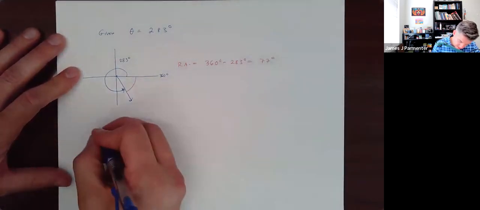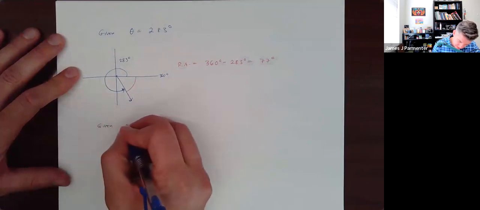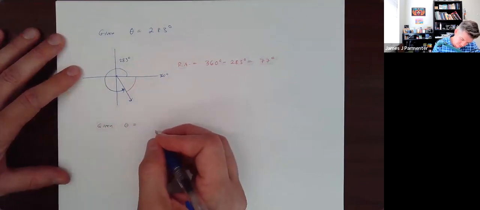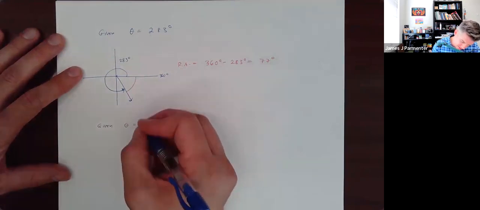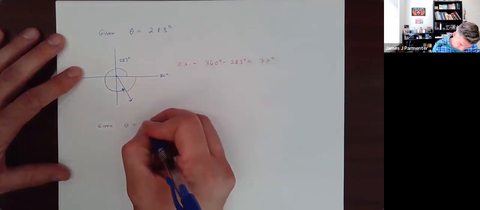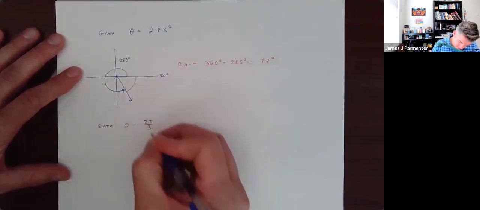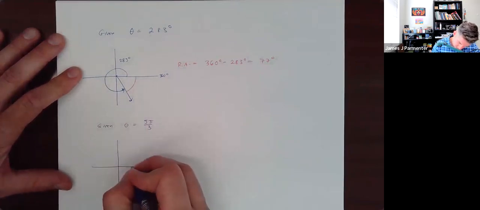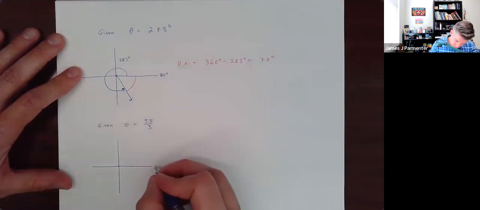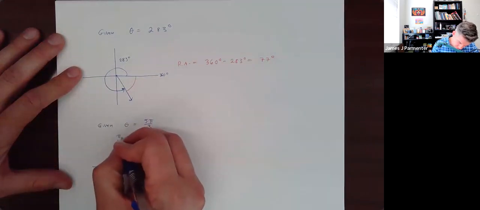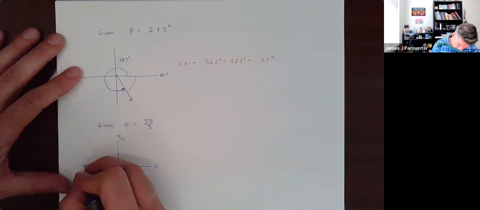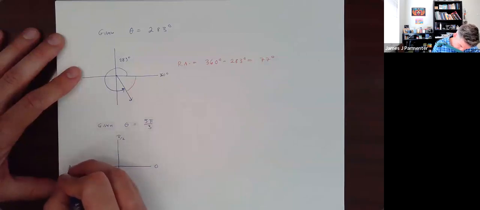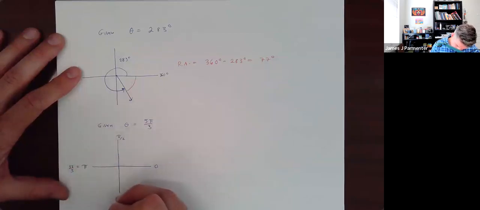Or in radians, we're given, say, theta equal to, let's just do a normal one. Let's say theta is equal to 5 pi over 3. So here's 0, pi over 2, pi, which is 3 pi over 3, 3 pi over 2.